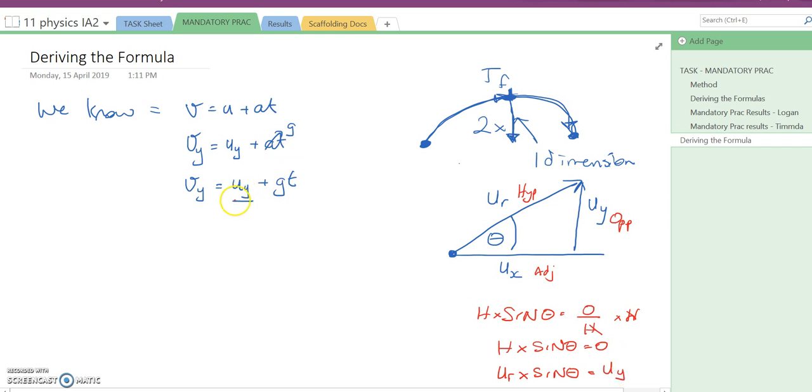So up here where I've got Uy, I can now substitute in and say that Vy is equal to UR sine of theta plus GT.